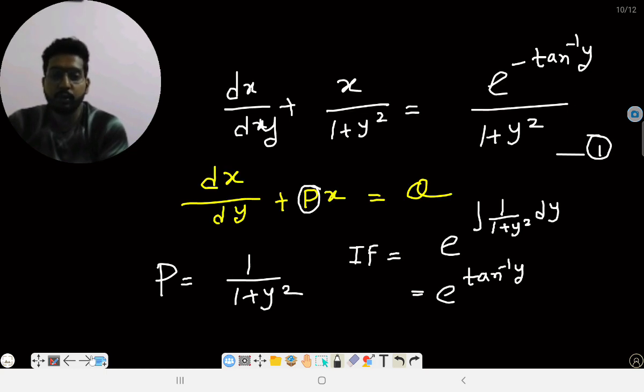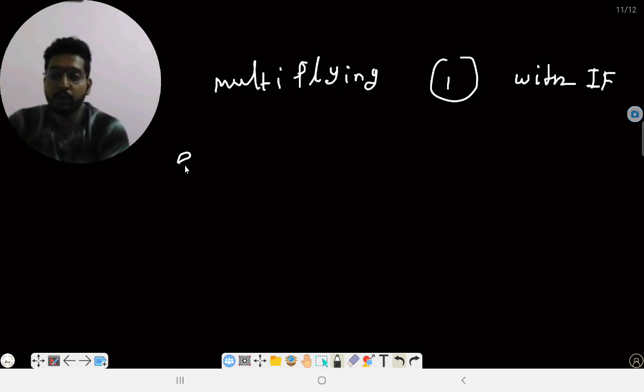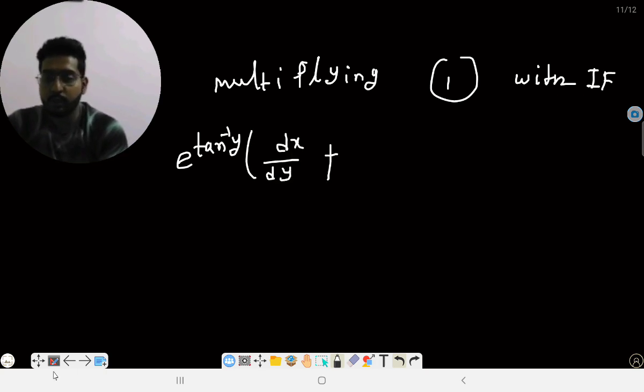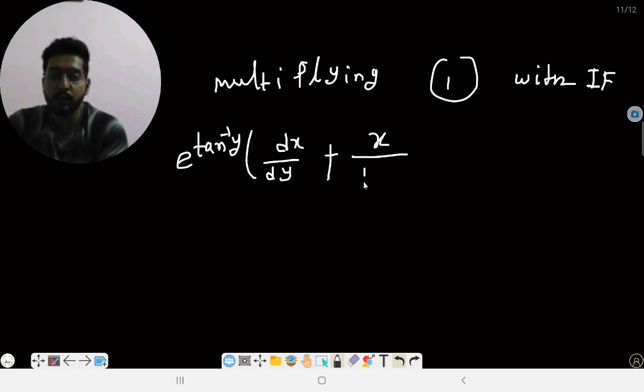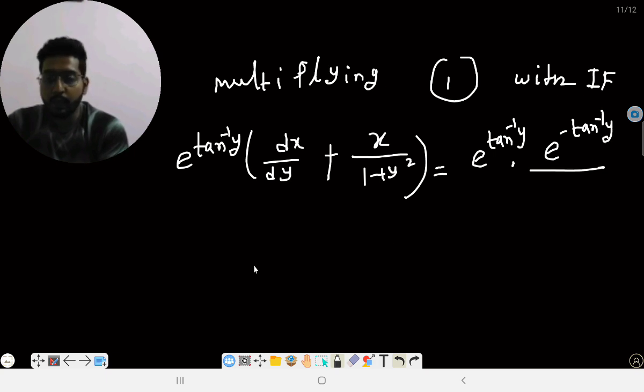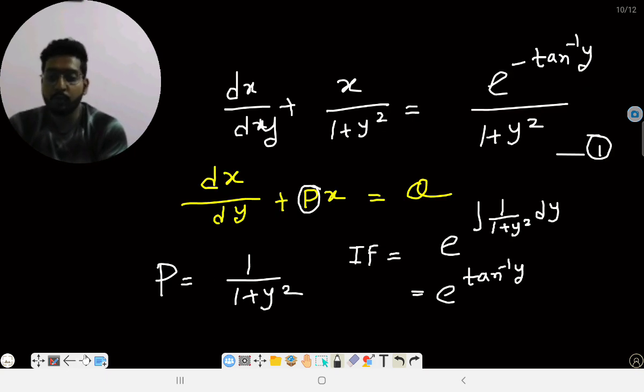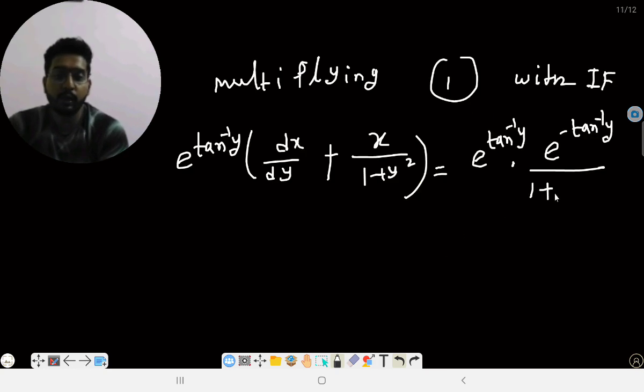You have to multiply this one, so that will become like this: e to the power tan inverse of y into dx dy plus x by 1 plus y square, equals e to the power tan inverse y into e to the power minus tan inverse of y by 1 plus y square, like this.